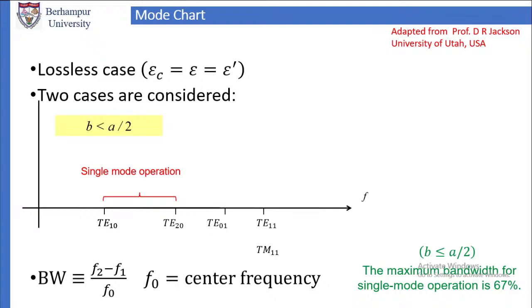So the frequency corresponding to TE20 minus the frequency corresponding to TE10, divided by the center frequency between these two, into 100% is 67. So the maximum bandwidth for single mode operation is 67%.